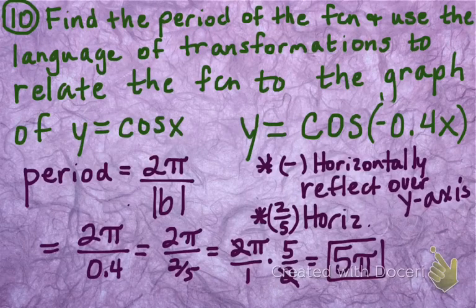Let me try that again. Horizontally stretch the graph by the reciprocal of 2/5, 5/2 or 2.5. And again, we will see this in action on a couple of these that we're about to graph.